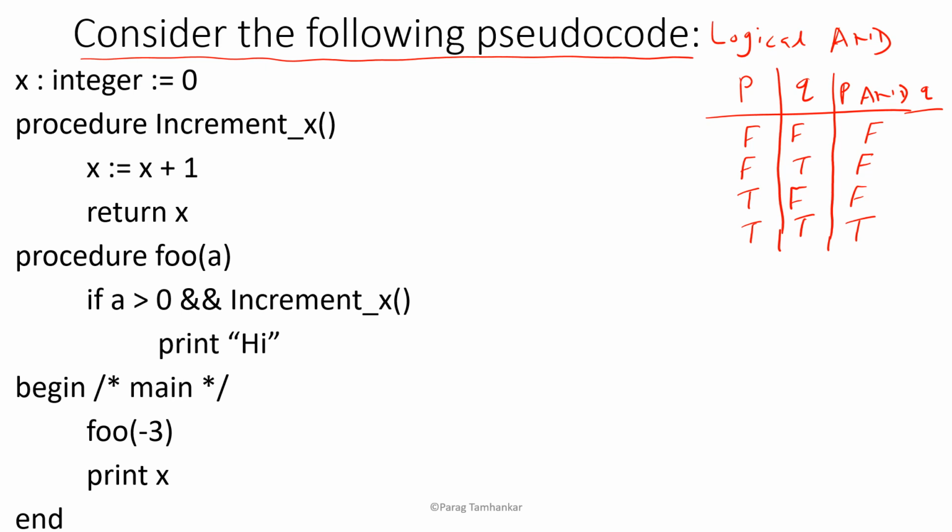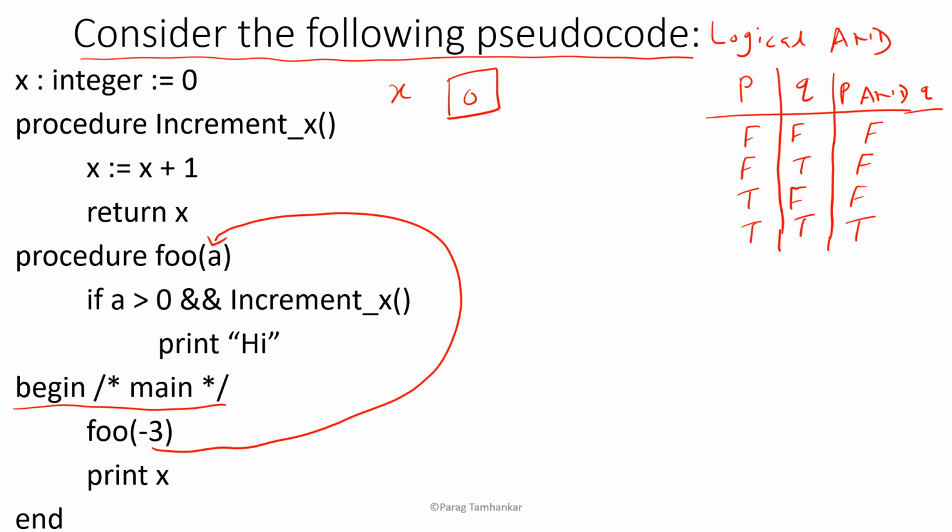Okay, so let's see this. We are given a variable x with value 0. Execution begins from main. This -3 is copied over here. Now we check this condition. If a greater than 0, now a is -3, -3 greater than 0 is false.